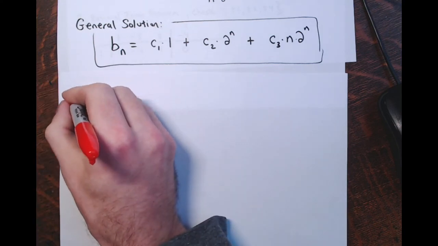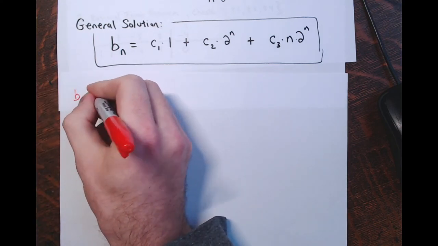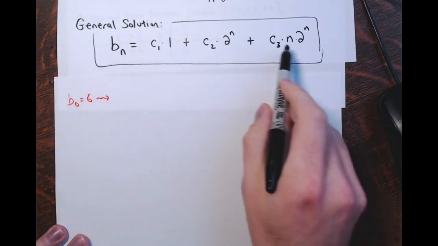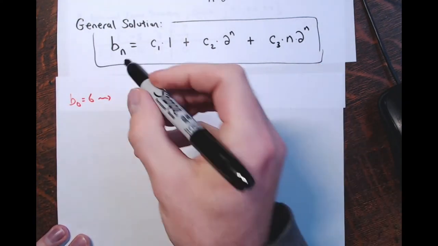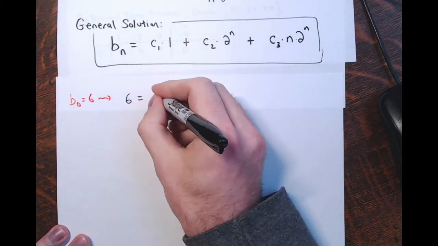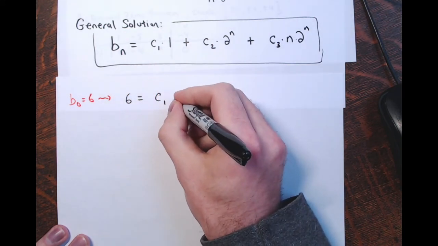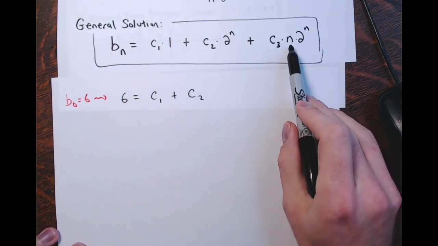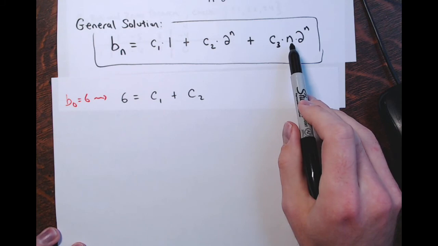We were given that B0 was 6. So that leads me to this equation. When I plug in 0 for n, we get 6 equals C1 plus C2, and that's it, because if I plug in 0 for n, this last term will be 0.